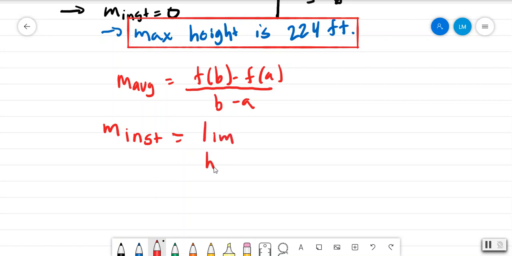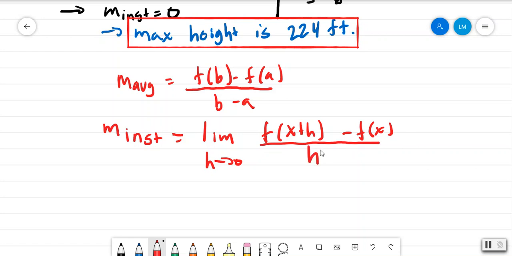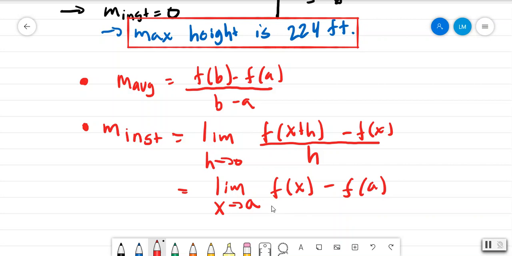One of the definitions you could use is the most traditional, f of x plus h minus f of x, all divided by h. The other choice is that you can model this like so: the limit as x approaches a of f of x minus f of a, all divided by not b, but x minus a.